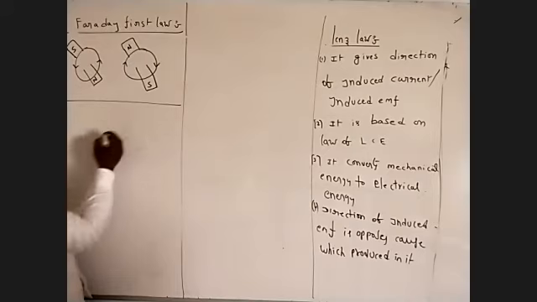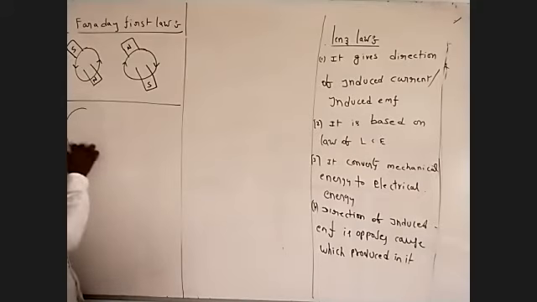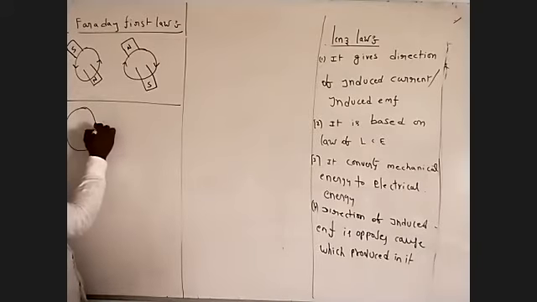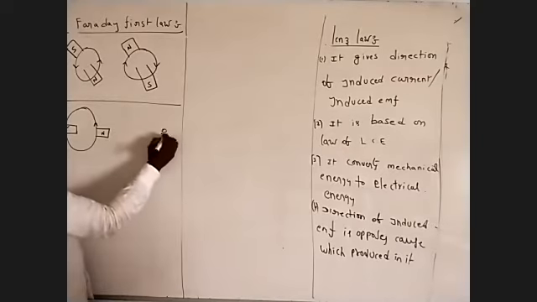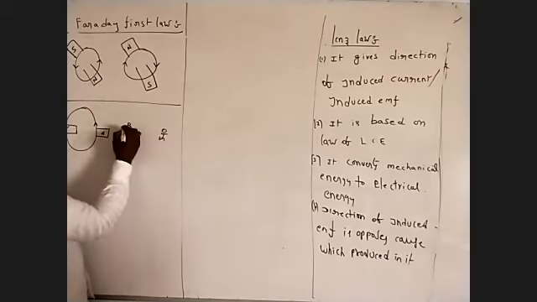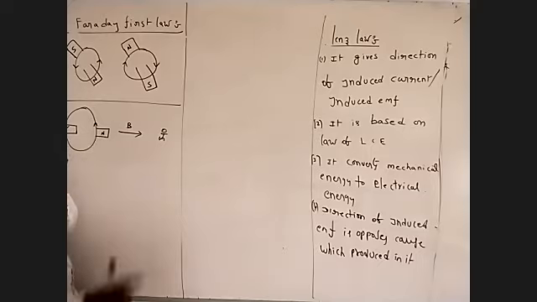Now, the second basic point: this is a ring. This ring carries current in an anti-clockwise direction. The front part acts as a north pole, the back part acts as a south pole. The direction of magnetic field is towards the observer.